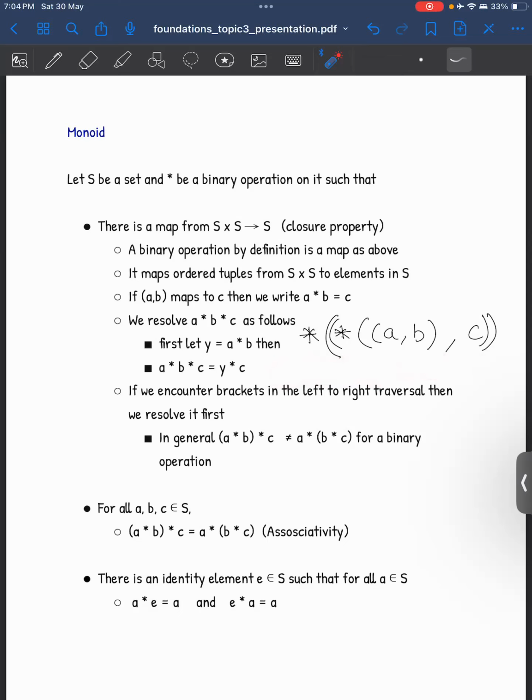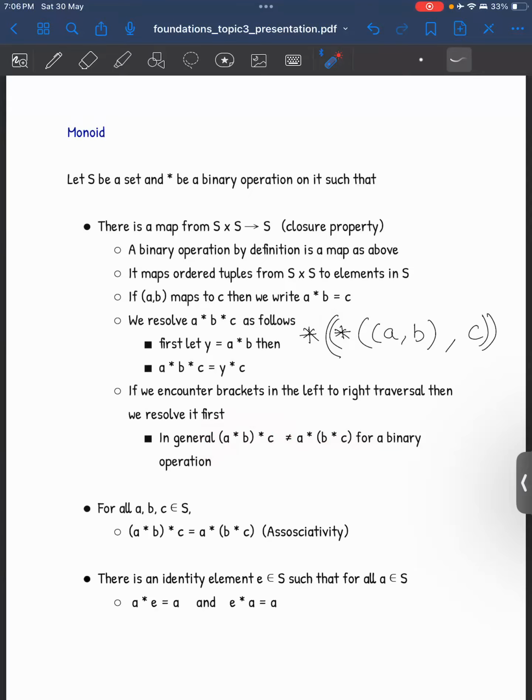In general, these would yield different results. In particular, in general, a binary operation does not satisfy the following: that if you resolve A star B first and then use C to resolve the expression, or you resolve B star C first and then use A to resolve it with the result, they are not equal in general.